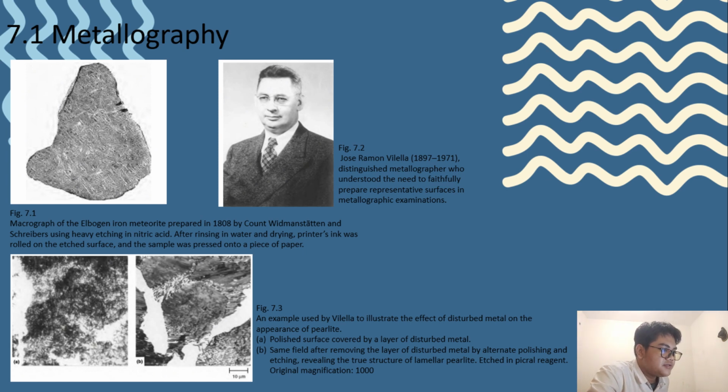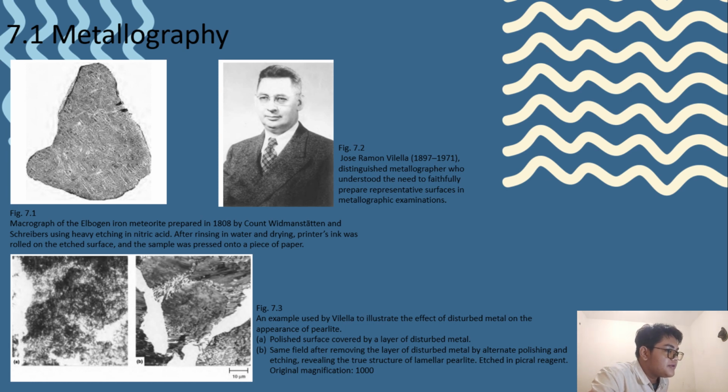In Figure 7.2, we have Jose Ramon Vilella, a distinguished metallographer who understood the need to faithfully prepare representative surfaces in metallographic examination. And in Figure 7.3, we have an example used by Vilella to illustrate the effect of disturbed metal on the appearance of pearlite.